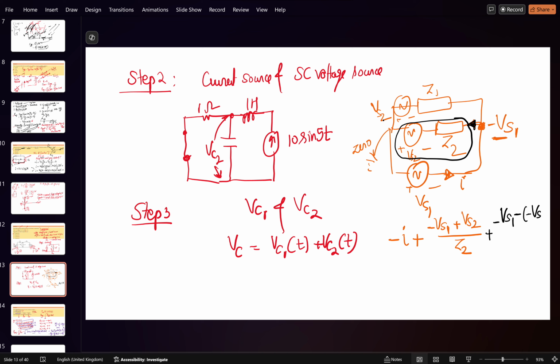Suppose this is VS3 basically, divided by Z3. So minus I plus minus VS1 plus VS2 divided by Z2 plus minus VS1 plus VS3 divided by Z3 is equal to 0. This is the same equation, but the negative is multiplied in all the parts. There is no effect on the equation itself.